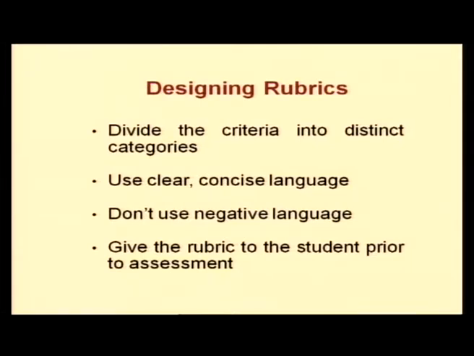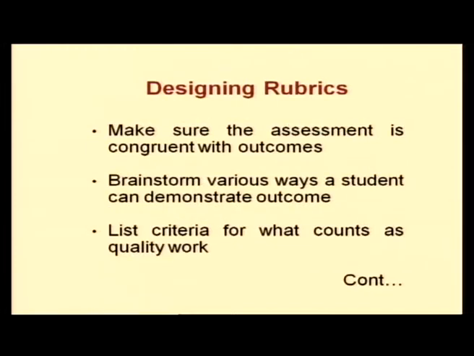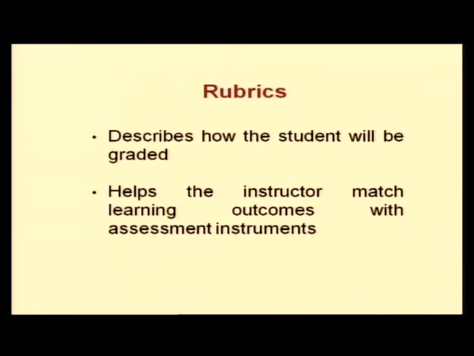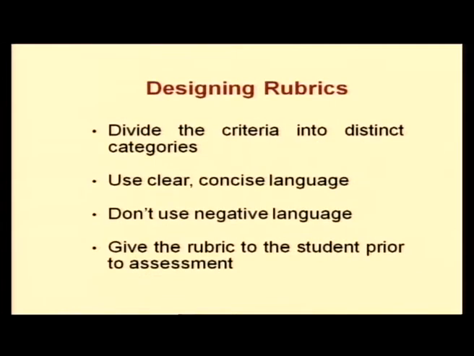This is very important. When you have designed the rubric, you have to give it to the student prior to the assessments, and make sure that the assessment is congruent with the outcome, and you have to list the criteria that count as quality work, and it also helps the instructor match with the outcomes.